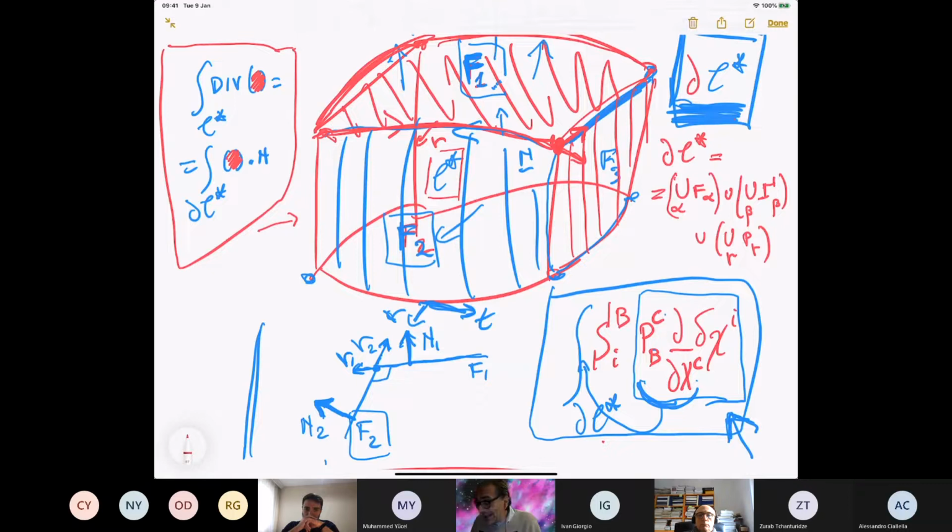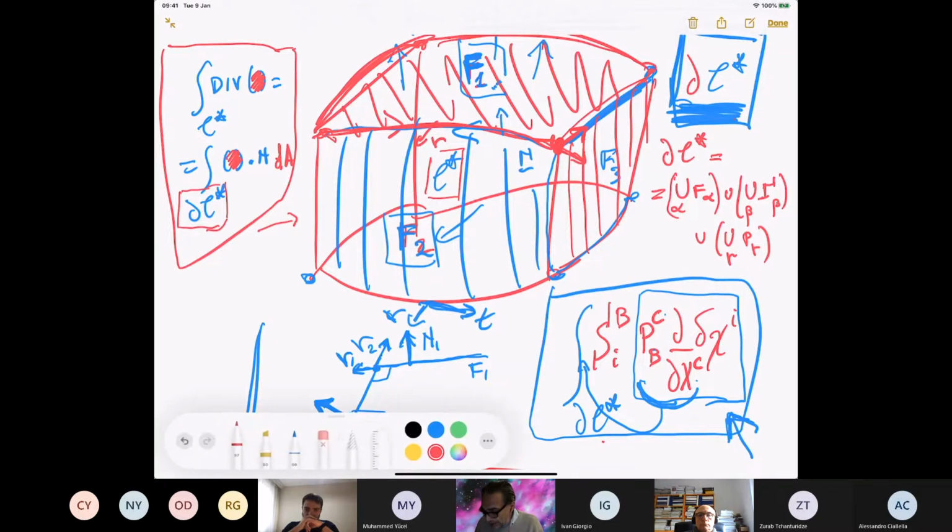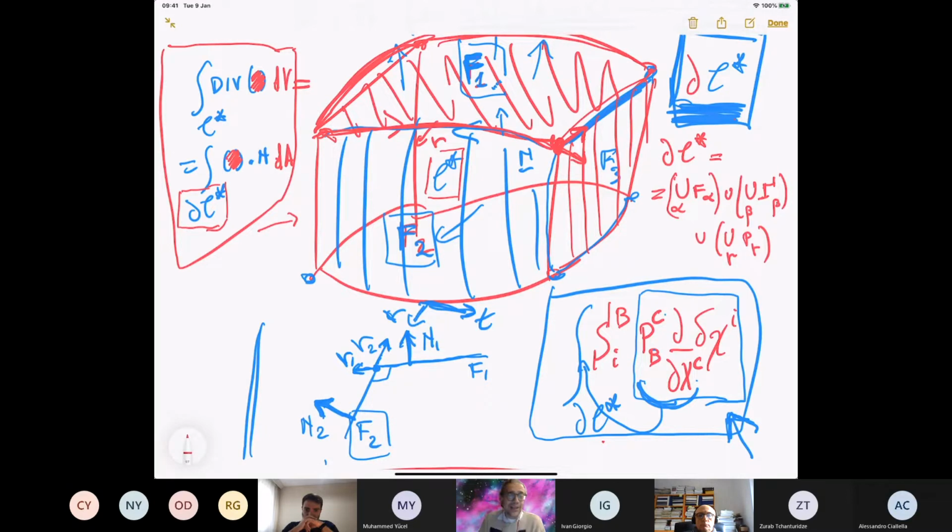Now, remark this. This is very important in our consideration. This is a surface, so this is an integral over surface area. So we transform a volume integral into an area integral.